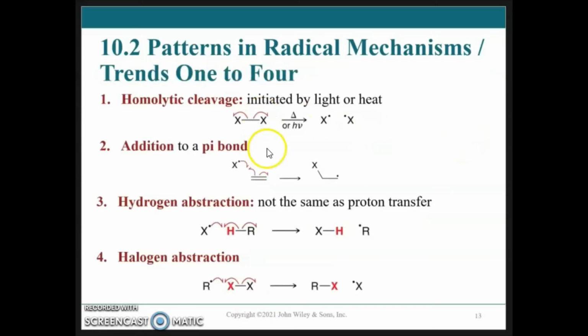The first of these is homolytic cleavage, and this is initiated by heat or light. This is common for oxygen bonded to oxygen or dihalogen species, also for azo species.